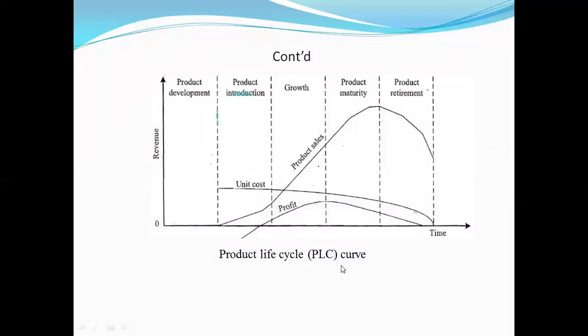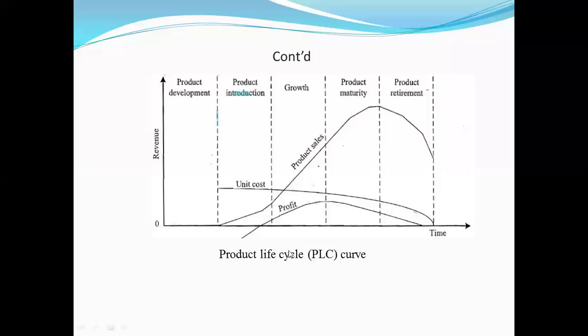This product life cycle basically tells when he has to change his model design. Suppose he has designed a 4G mobile for the market. After what period he has to change his product or apply the new design technology, that is seen in this graph.